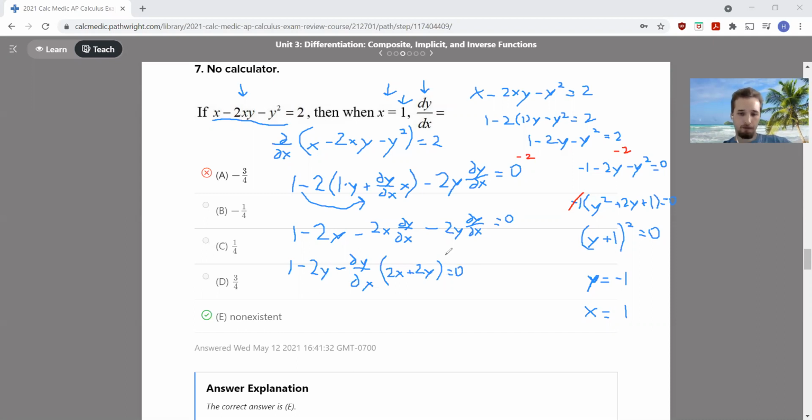And then from here, now it becomes a lot easier to solve. If I subtract both these over, I get dy/dx is equal to, hold on one second. dy/dx is still being multiplied by 2x plus 2y.